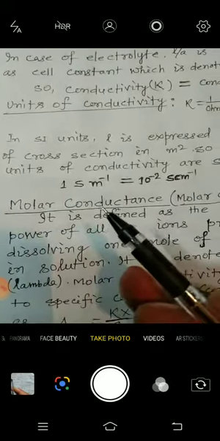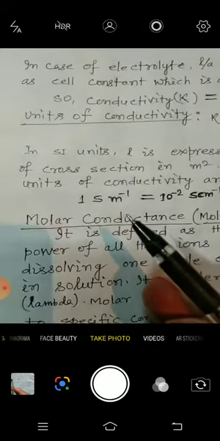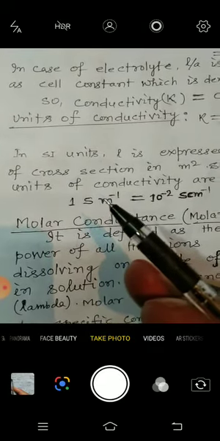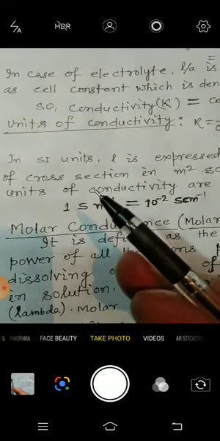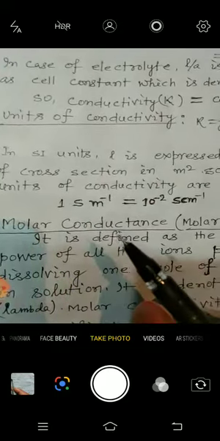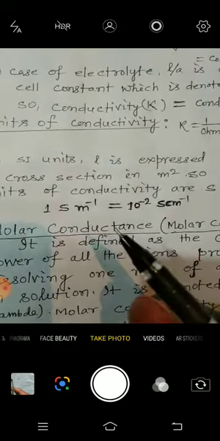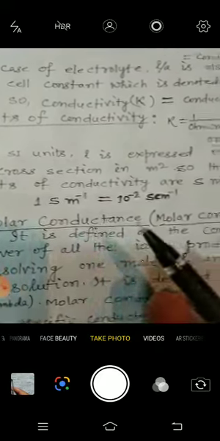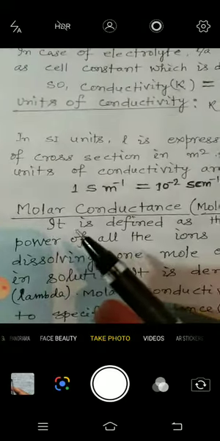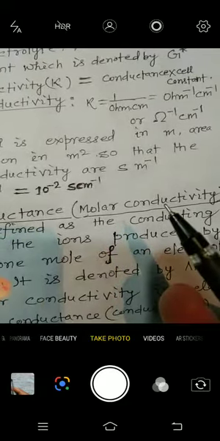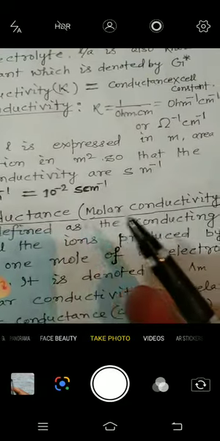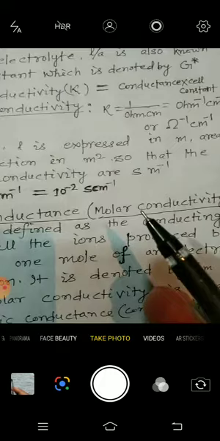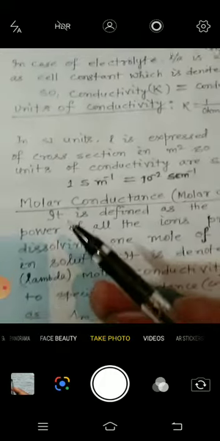Molar conductance, very important. I already taught you about conductivity and conductance. Now molar conductance is the third term regarding conductivity. It is also known as molar conductivity or molar conductance, but molar conductivity is more pronounced everywhere.